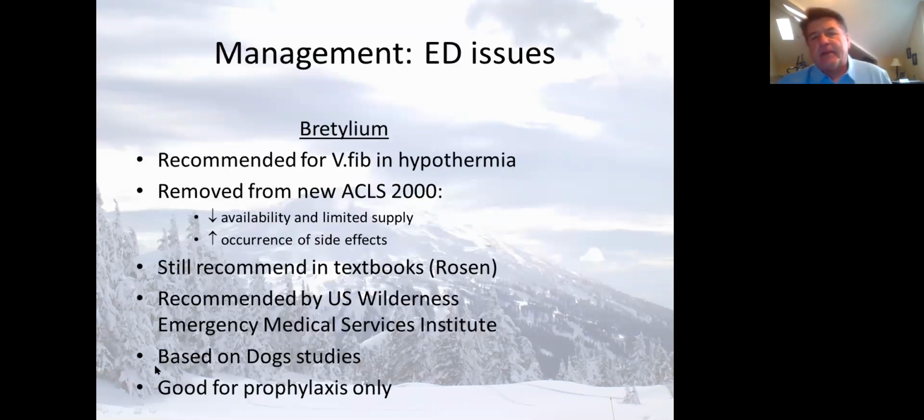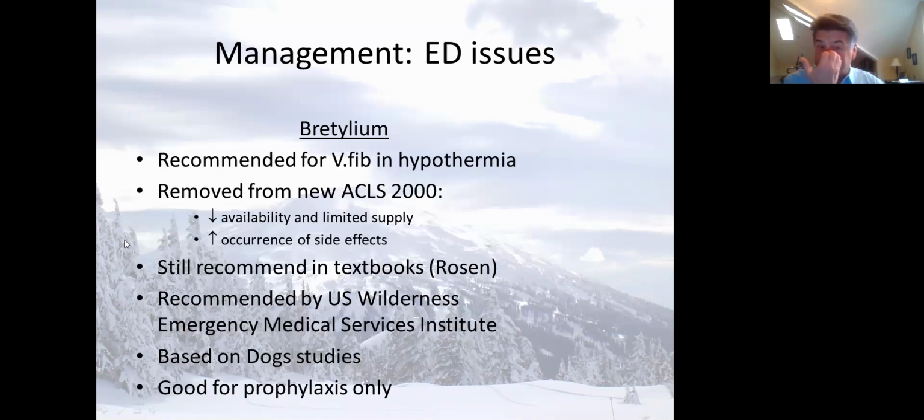Now, bretylium is recommended for VFib and hypothermia patients. It's an older medication. However, it was removed from the 2000 ACLS algorithms because no one carries it anymore, and it has a high amount of side effects.